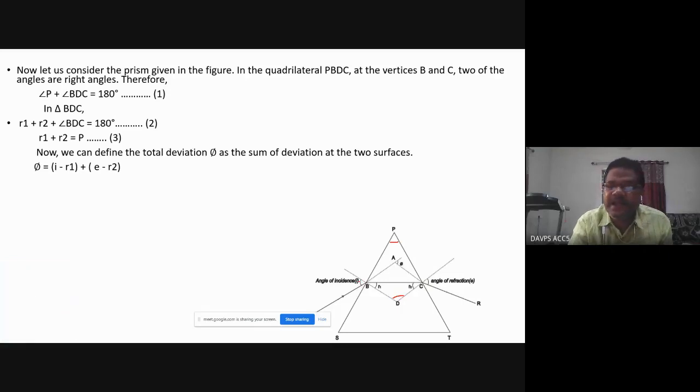This angle is totally I, and this angle is also I, being opposite. So this part equals I minus R1.